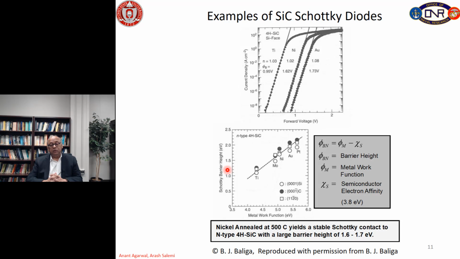So generally, most of the commercial silicon carbide Schottky diodes are formed with Ti silicide or titanium, and then higher voltage diodes are formed of nickel. If you remember from what I said earlier, if you choose a higher barrier height metal, your barrier goes up, your forward conduction losses go up, but your reverse leakage current reduces.